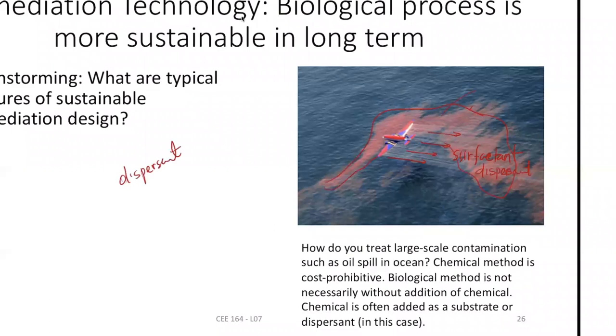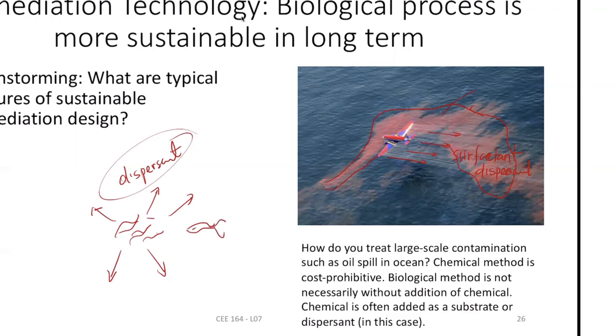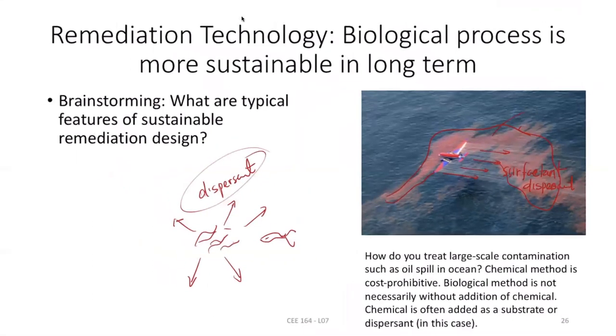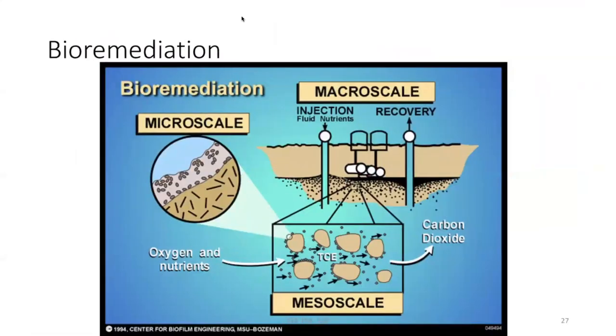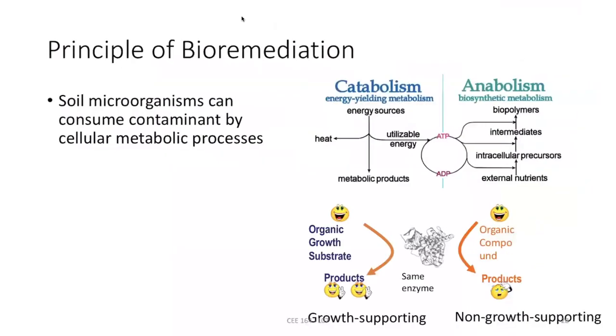If you have oil and it spreads out across, that means the concentration will decrease. If the concentration decreases, the biology or microorganism, let's say this is bacteria, will be more efficient at being active and treating them. So that's what bioremediation is.